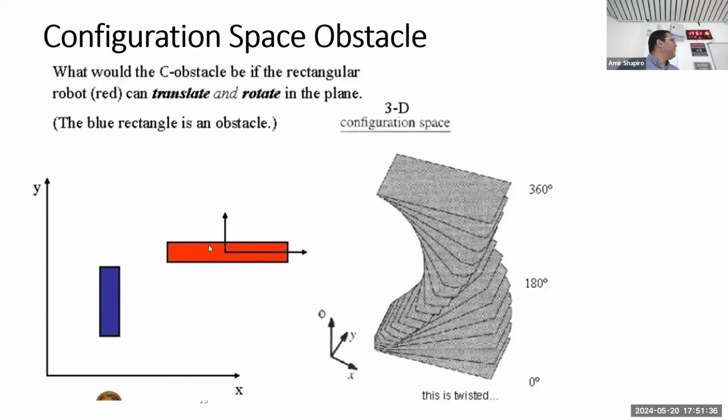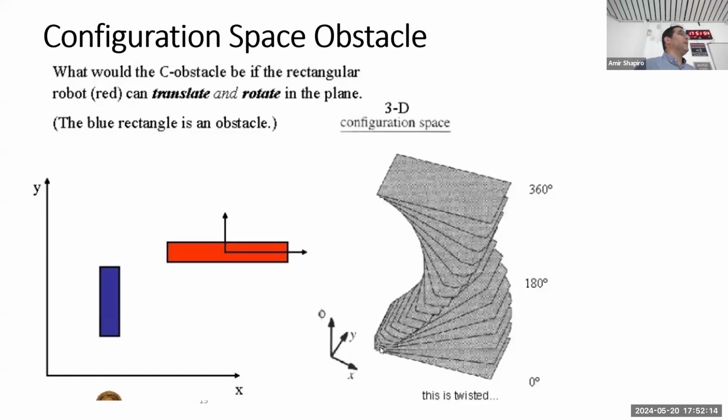If we map all the points where the robot hits the obstacle, we get this configuration obstacle. Now it's a 3D space because it's X, Y, and theta. For each theta, we have a set, like a plane, like a polygon of XY configurations in which the robot cannot be because it intersects with the obstacle.